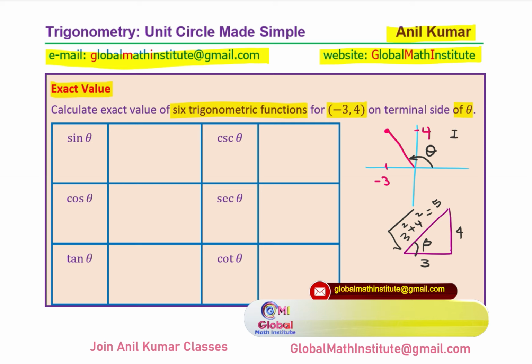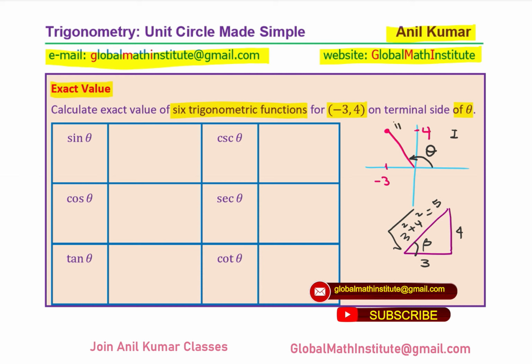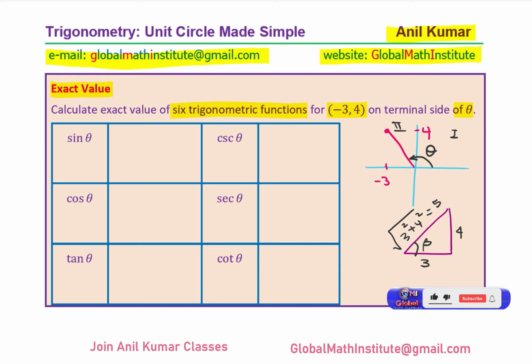Since the values are for quadrant 2, we know that in quadrant 2, x values are negative, and therefore sine is positive, but cosine and tan will be negative, right? So one thing is very clear, and that is sine value is positive and cos and tan are negative.